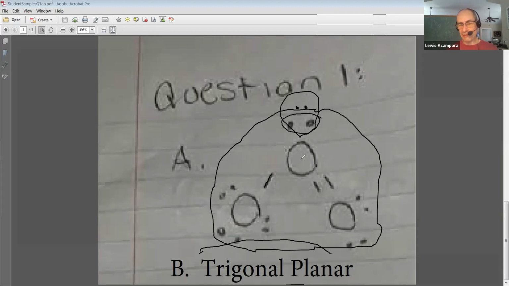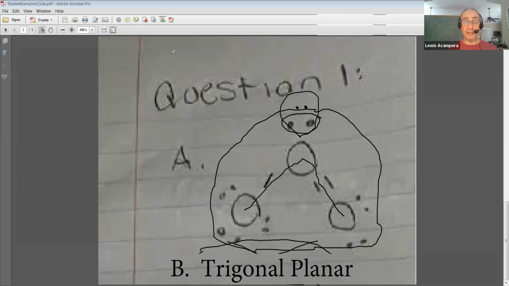So we really are talking about the shape of the molecule, the nuclei, and this would be bent. So unfortunately, trigonal planar, even though I suspect the student had a pretty good handle on what they meant, would not earn credit.